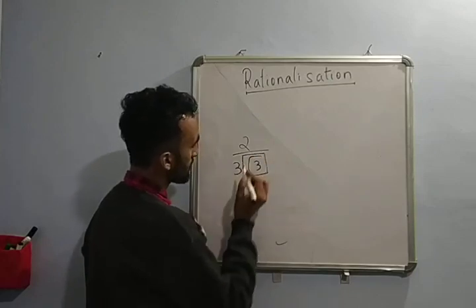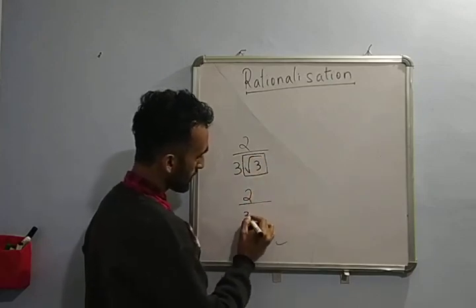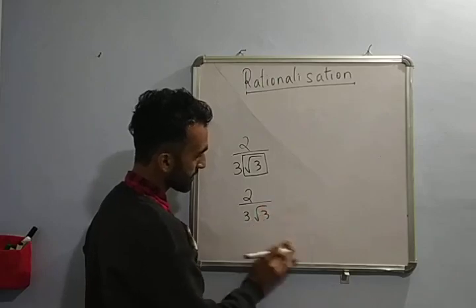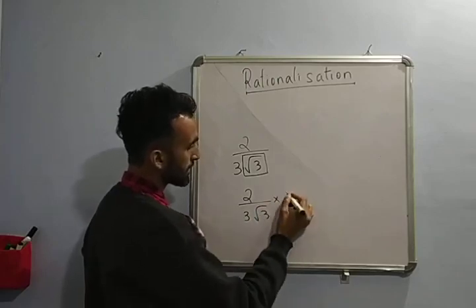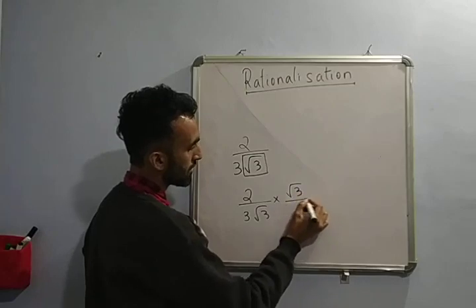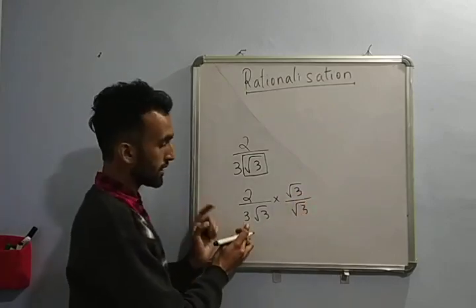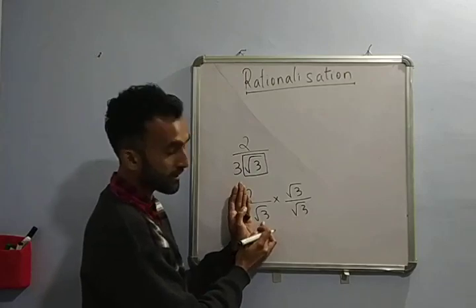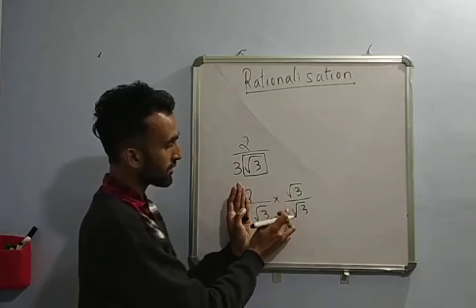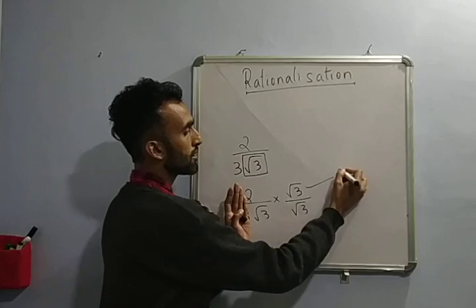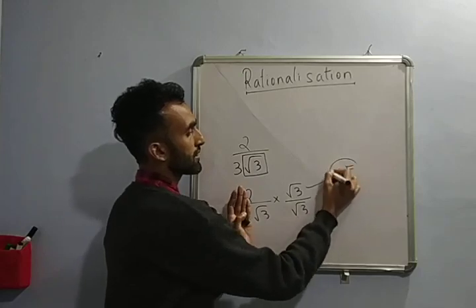This is root 3. This root 3, I have to make it a rational number. So I multiply root 3 in the numerator and the denominator. Forget about this 3, just concentrate on the irrational part. So this root 3 is called the rationalizing factor.